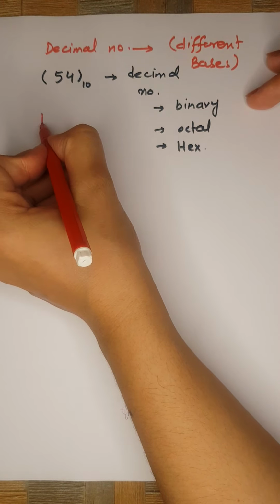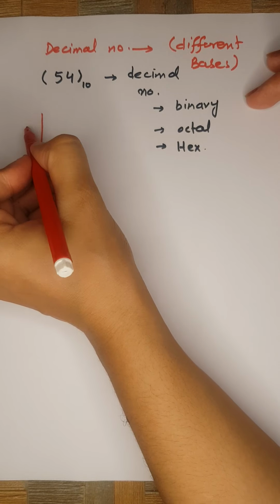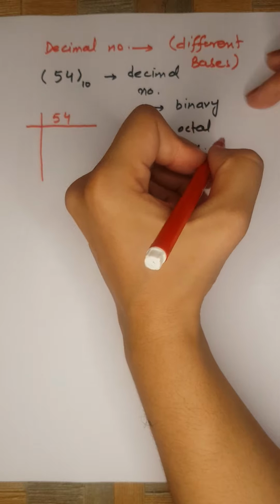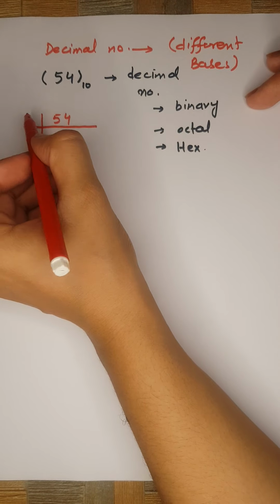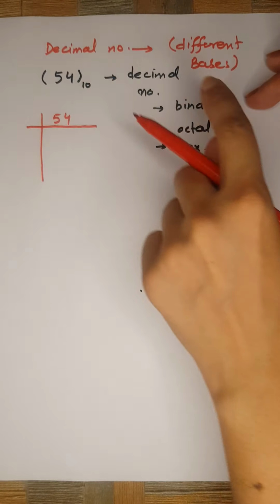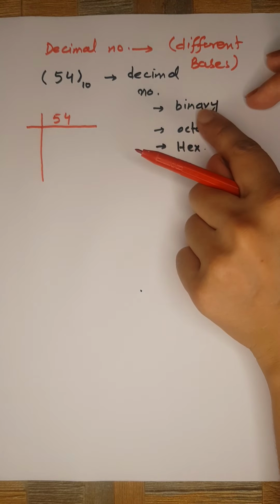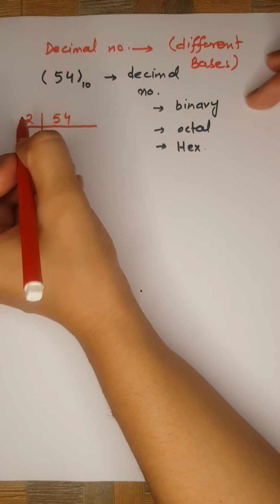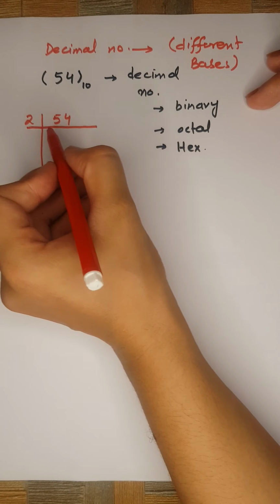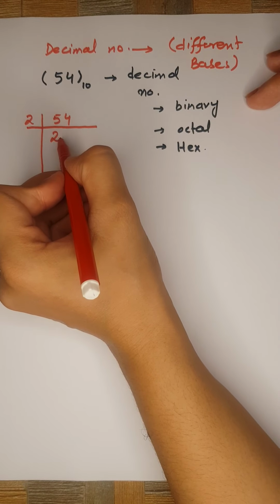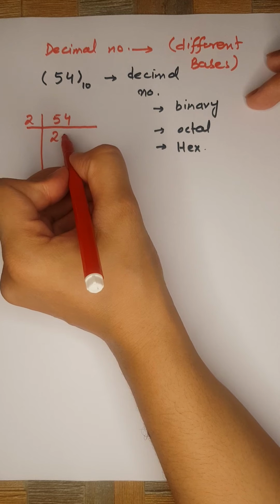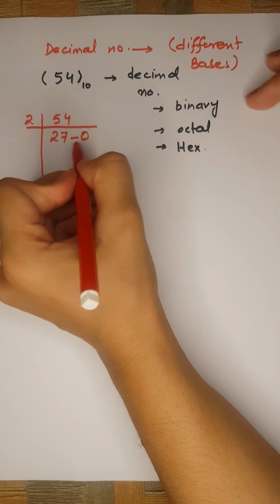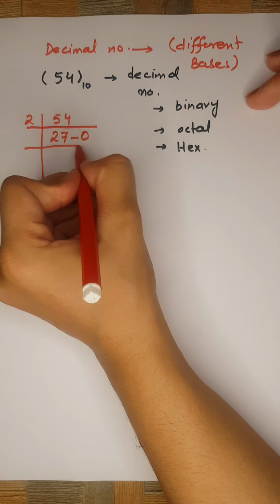The procedure is very simple. All you have to do is divide by the particular base in which you want to convert the given decimal number. Since I want to convert this decimal number into a binary number whose base is 2, I will divide it by 2. So 2 2s are 4, and then 2 7s are 14. Remainder is equal to 0. Here you write the quotient, and here the remainder is written.